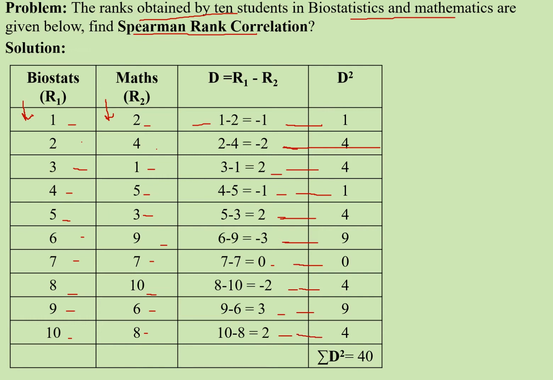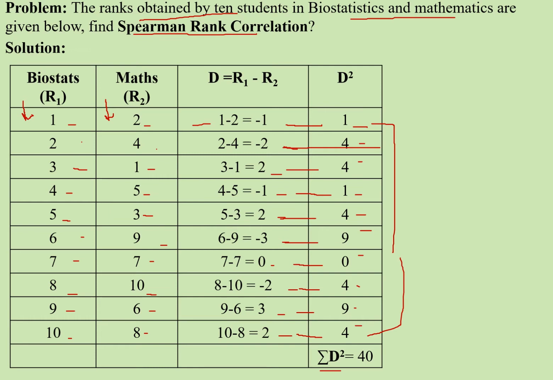Now find out sigma d square, which is calculated by summing up all the values of d square. So sigma d square is 1 plus 4 plus 4 plus 1 plus 4 plus 9 plus 0 plus 4 plus 9 plus 4.